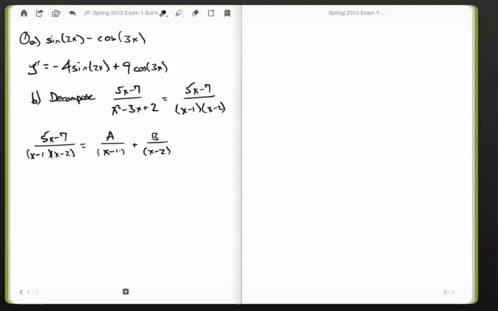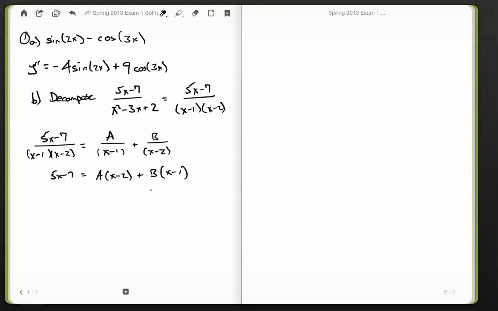And now we want to multiply, the fractions are going to be a hassle, so I multiply through by this whole thing, so that gives me 5x minus 7 equals A times, well, the x minus 1s will cancel, so I'm just left with x minus 2, plus B times, the x minus 2s will cancel, so I'm just left with x minus 1.